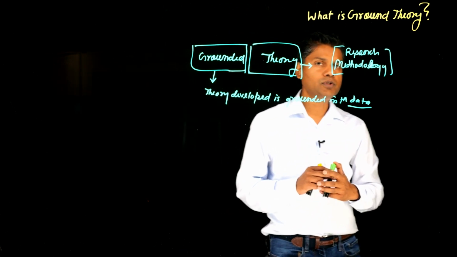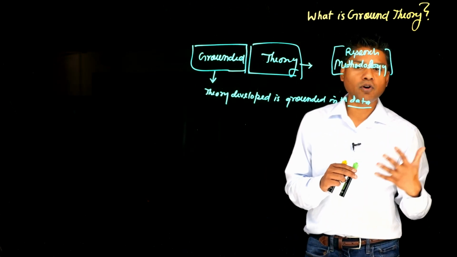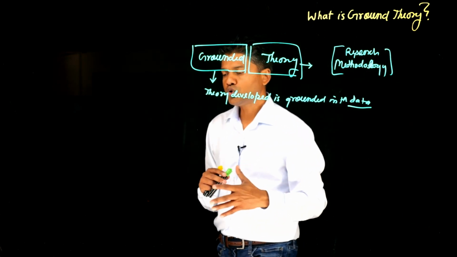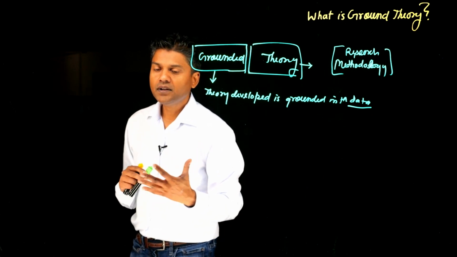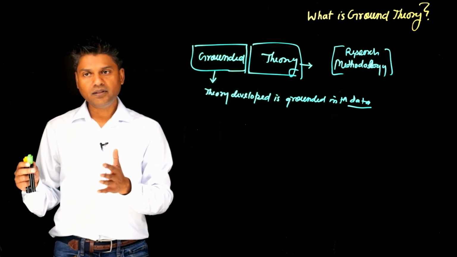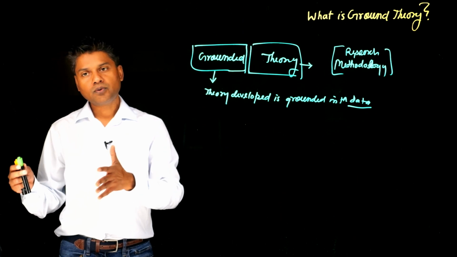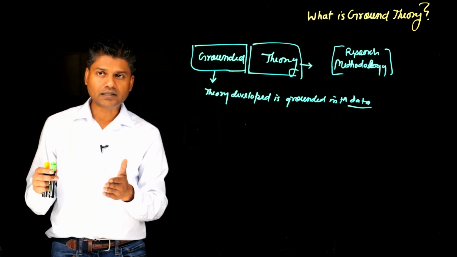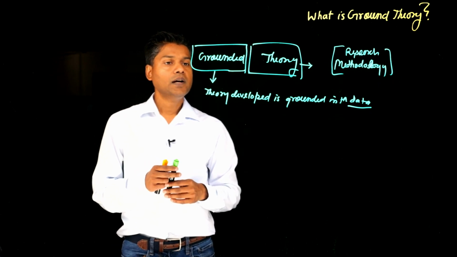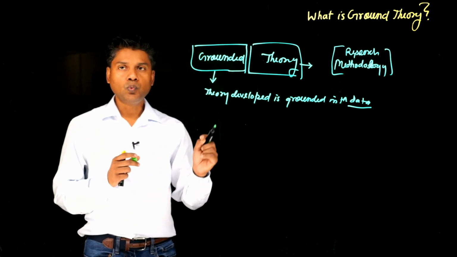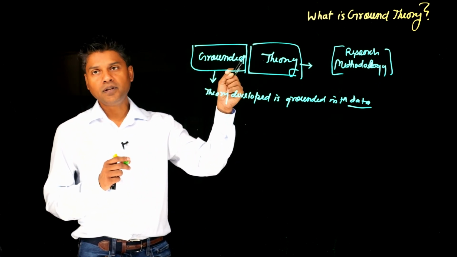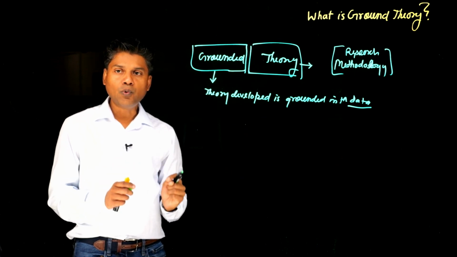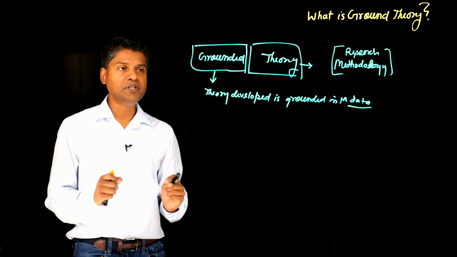Typically, the usual quantitative approach of developing a theory is through hypothesis testing. You develop a hypothesis, then you collect data and try to either prove or disprove the hypothesis, and that's how you develop a theory. Now, the theory developed through grounded theory methodology is grounded in the data which has been collected.